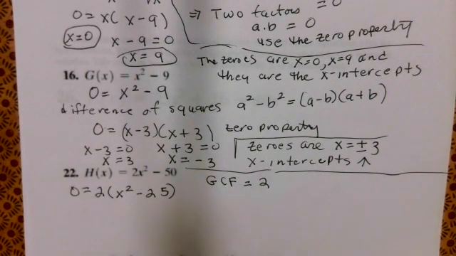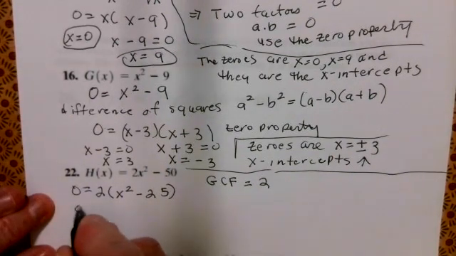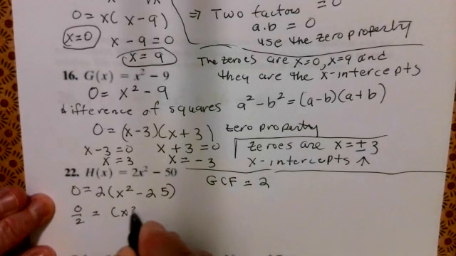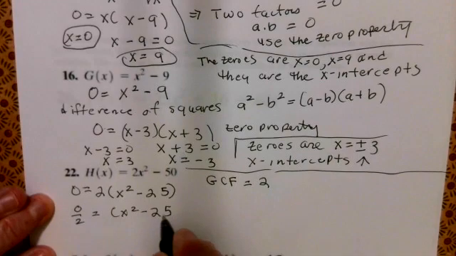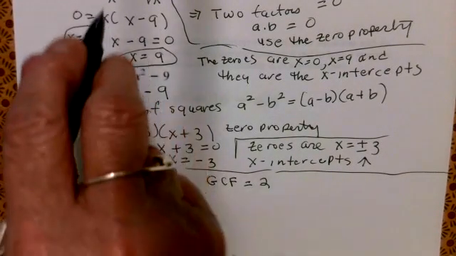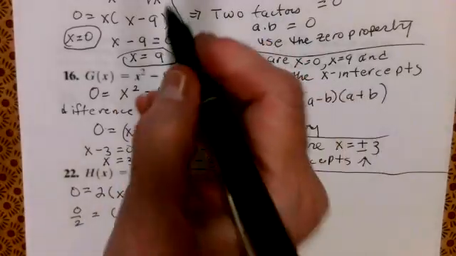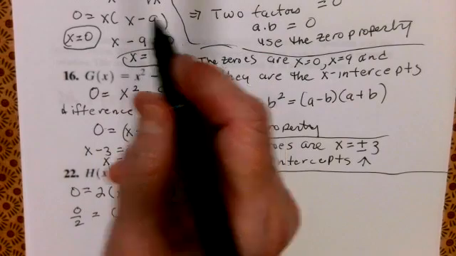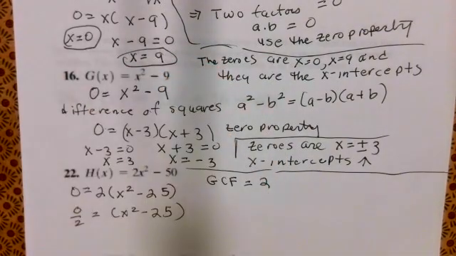Now, what you can do is go ahead and divide by 2. And 0 divided by 2 is just 0. Why didn't I do that up here? Why didn't I just divide by x? You can't, because there's always a possibility of x being 0. In this case, it is 0.